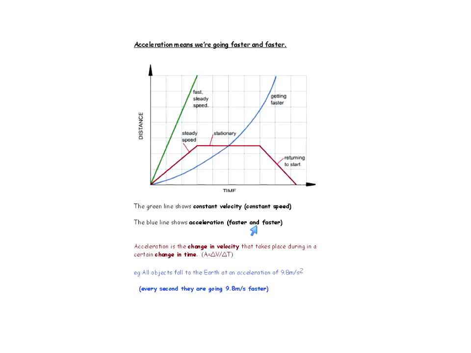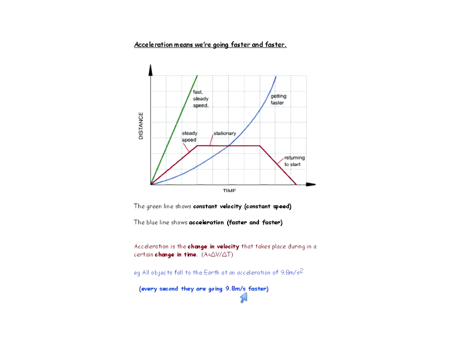Okay, the formula for acceleration is the change in velocity divided by the change in time. So change in v divided by change in t. Now, one example of acceleration in the world around us is objects falling towards the earth. All objects, when they fall towards the earth, fall with an acceleration of 9.8 meters per second squared. Meters per second per second.